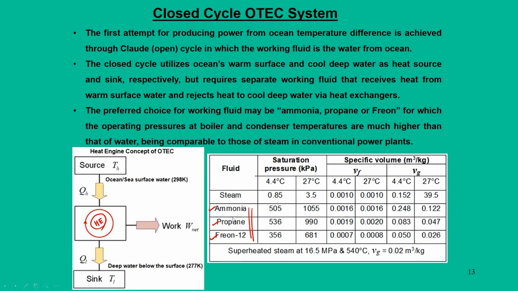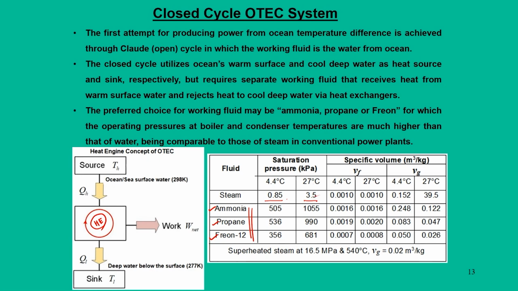Because if you compare steam, the saturation pressure for steam is 0.85 at 4 degree centigrade and 3.5 at 27 degree centigrade. So, if you use steam as the working fluid, then we must operate the evaporator at this low pressure.